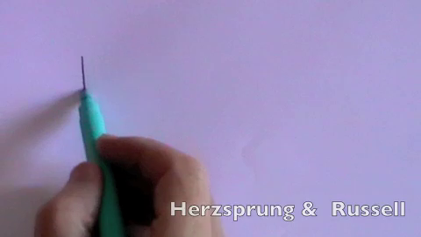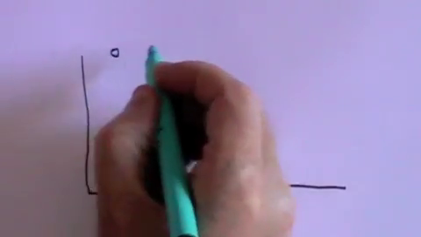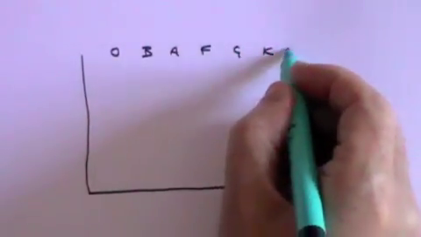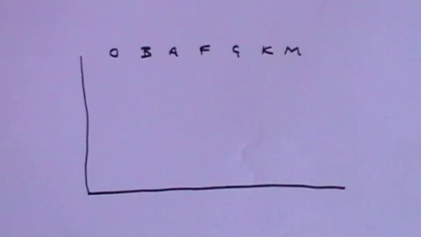Now, two gentlemen by the name of Hertzsprung and Russell are very famous for producing their diagram. It's called the Hertzsprung-Russell diagram, where they look at stars in the sky and plot them. So we take the OBAFGKM range of temperatures.